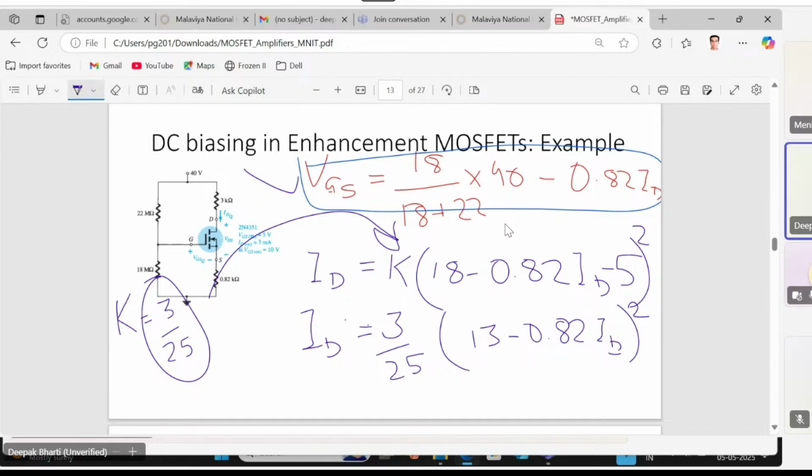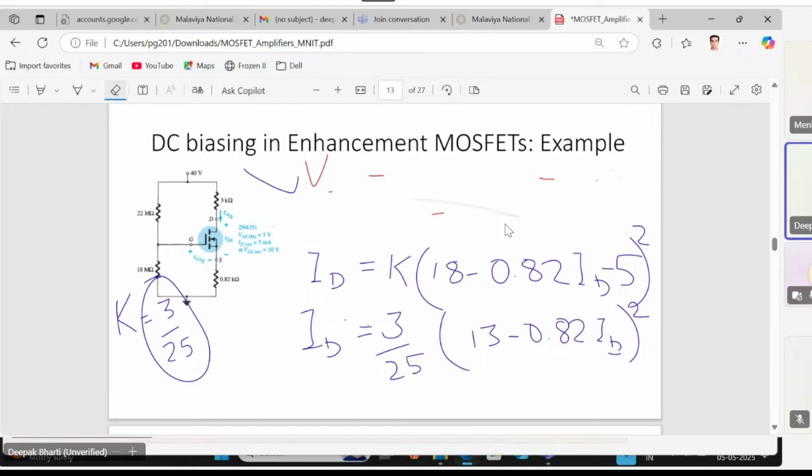If you open the bracket and simplify, this will again become a quadratic equation. I have solved this in advance, so I will write the roots directly.